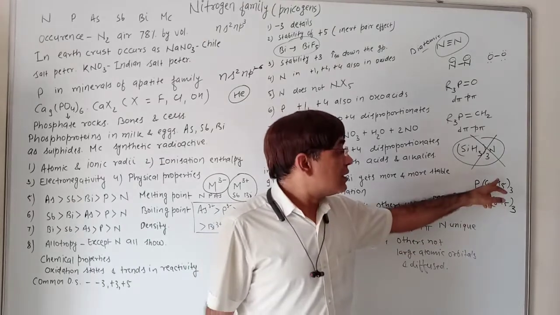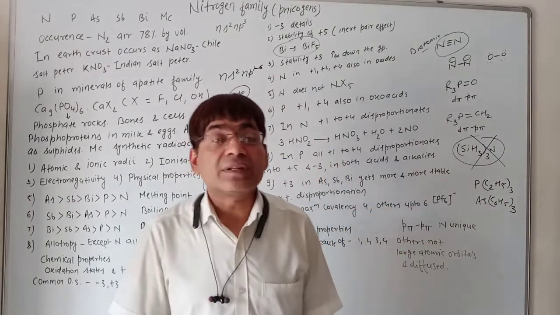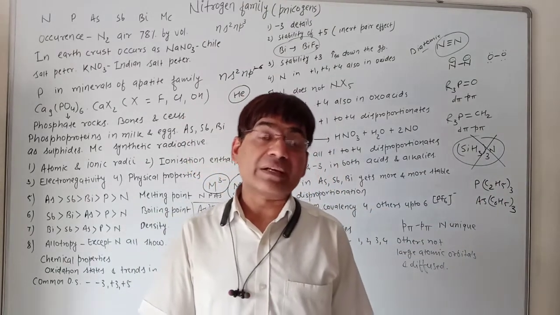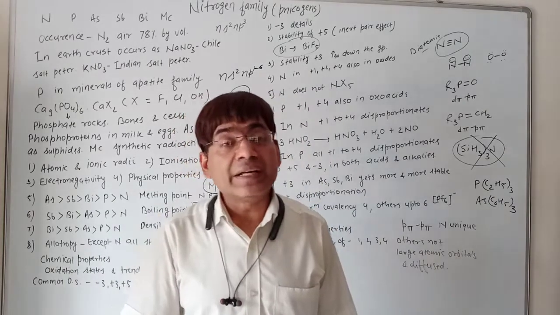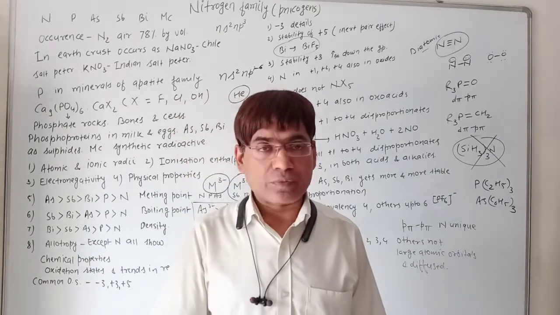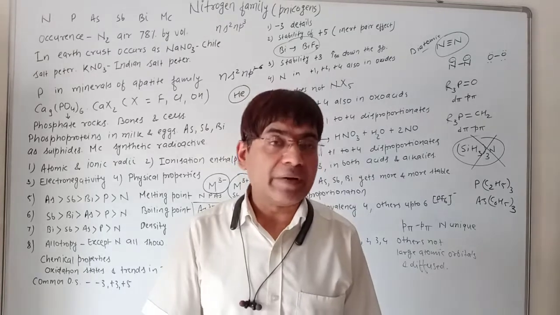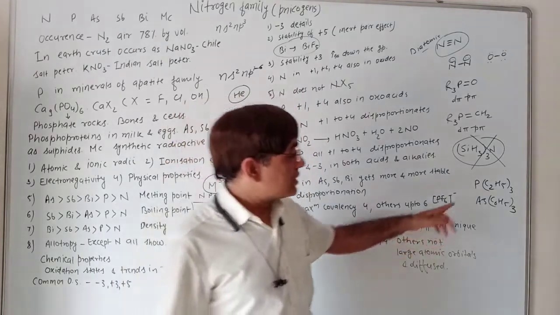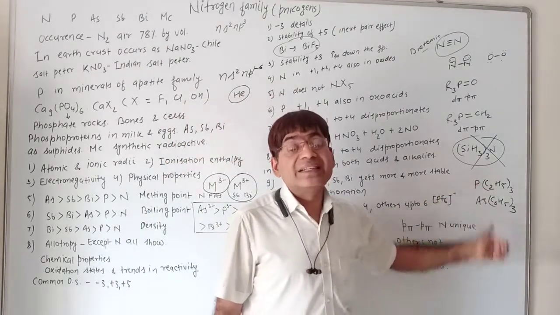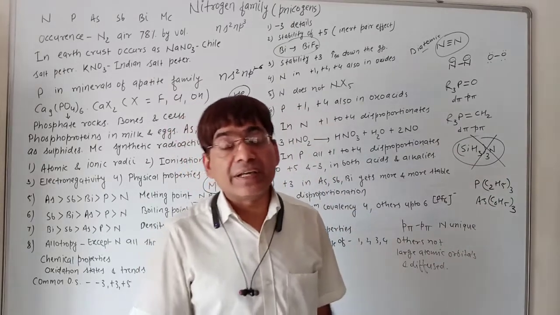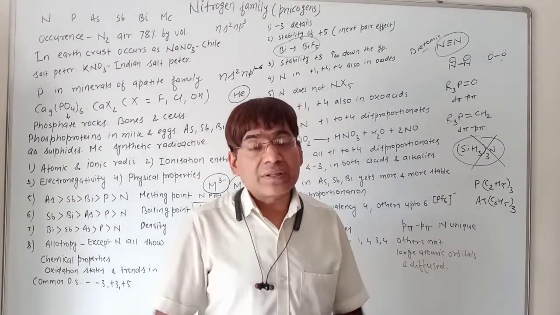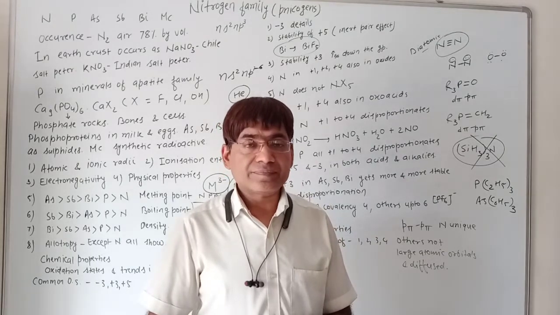So when these ligands form complexes with transition metals, in those complexes there is existence of d-pi-d-pi bond also. So nitrogen cannot form d-pi-d-pi, fine. But phosphorus and arsenic can form that d-pi-d-pi bond in their complexes with transition metals, fine.